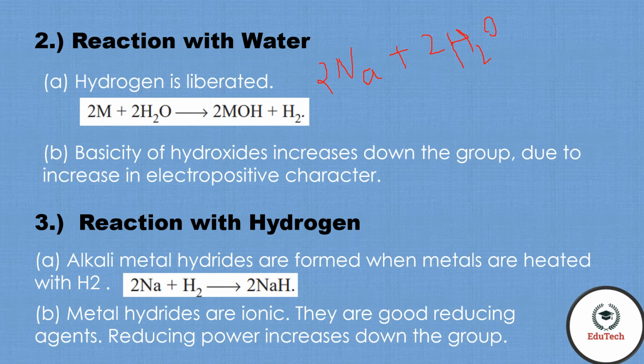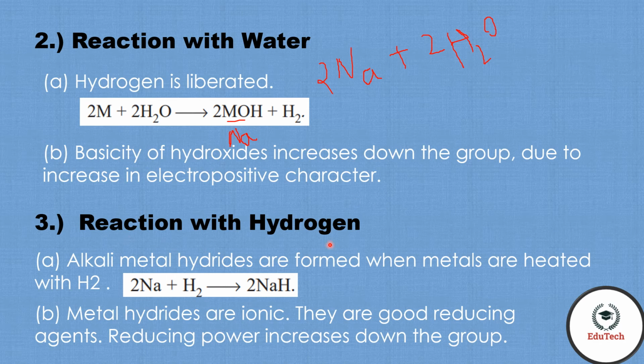Then the product is substituted with Na or any metal. Basicity of hydroxide increases down the group due to increase in electropositive character.